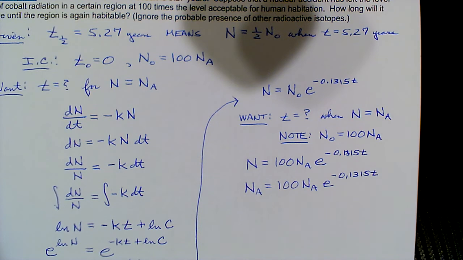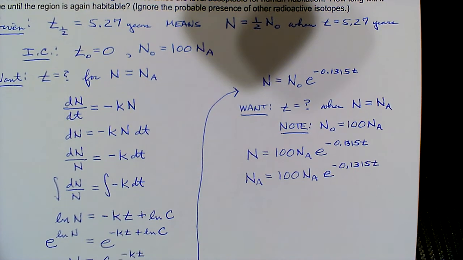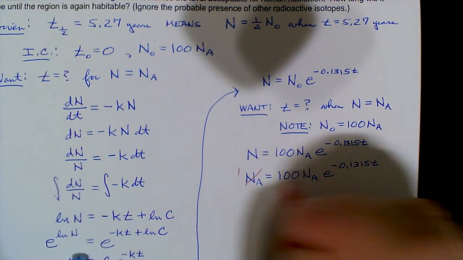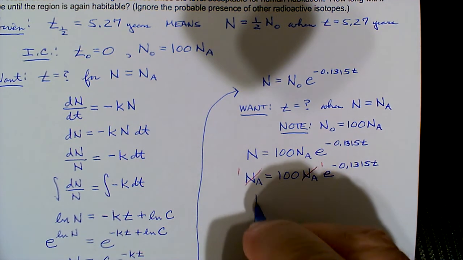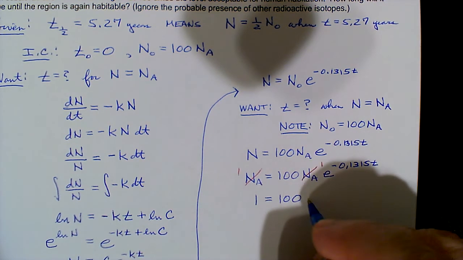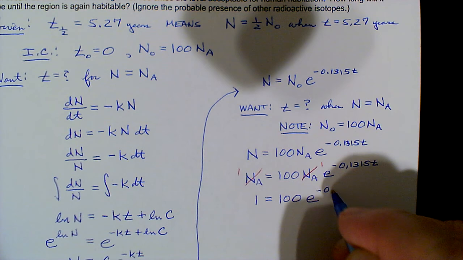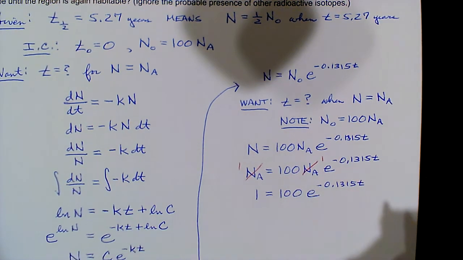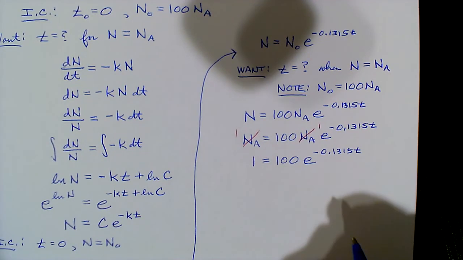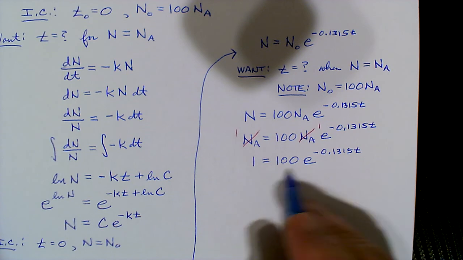And now we're going to be able to solve for t. First off, the n sub a's cancel. So we get 1 equaling 100 e to the negative 0.1315t.